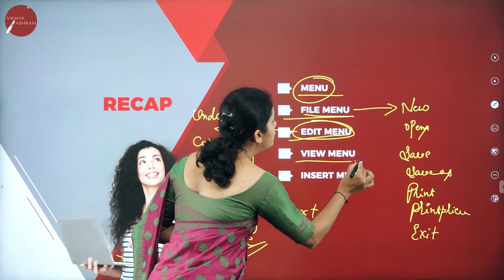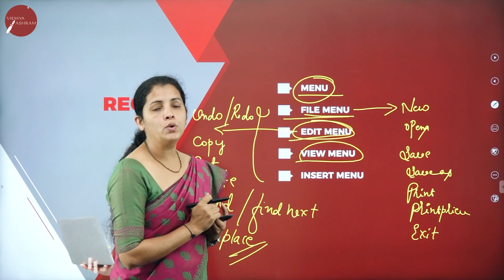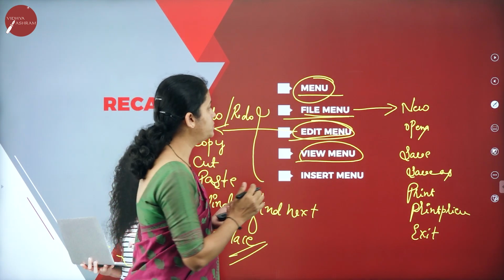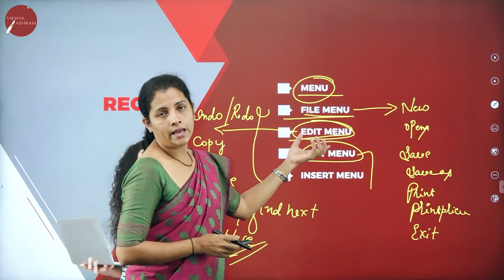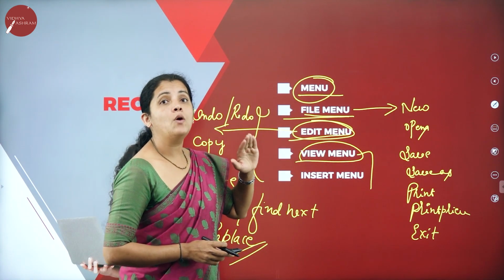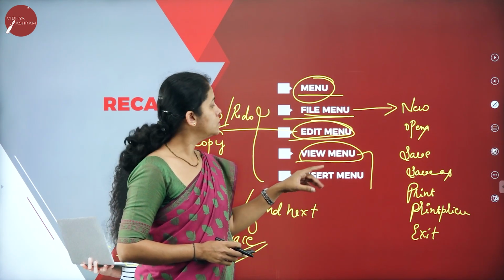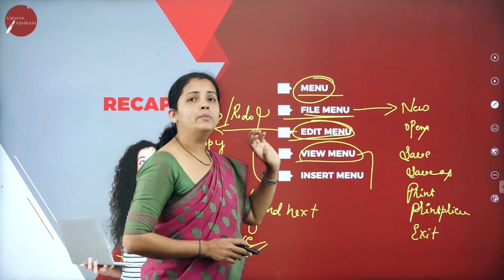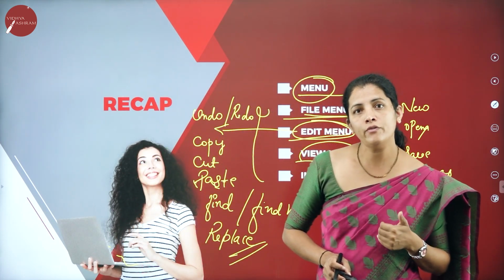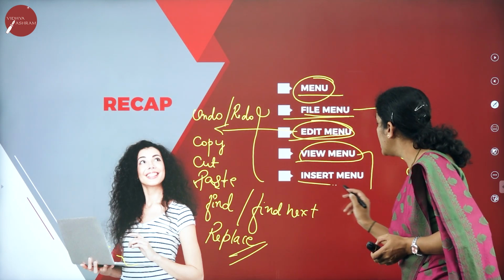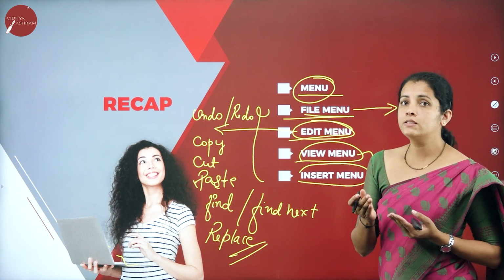Moving on to the view menu. Once again, under the view menu, we are going to get many options. Here I can specify how the worksheet actually looks. So under the view menu, once again I'm going to get a long list of options. Then we had a discussion regarding the insert menu. So what is the insert menu?